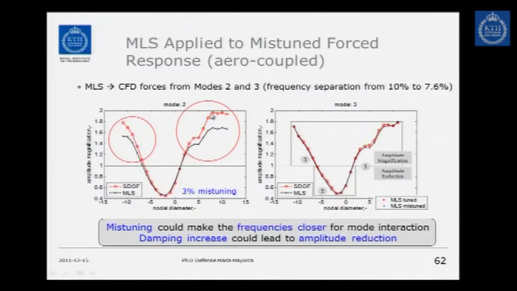This is related to two things: one is the amplitude magnification, and the other is that there is varying damping, because I don't have any other damping included there. This is why there is this V curve in mode 2 and mode 3. Additionally, the MLS, or multi-mode least squares model, is not done on a mode-by-mode basis. I can do a frequency sweep, and if the two modes interact, I can see it there.